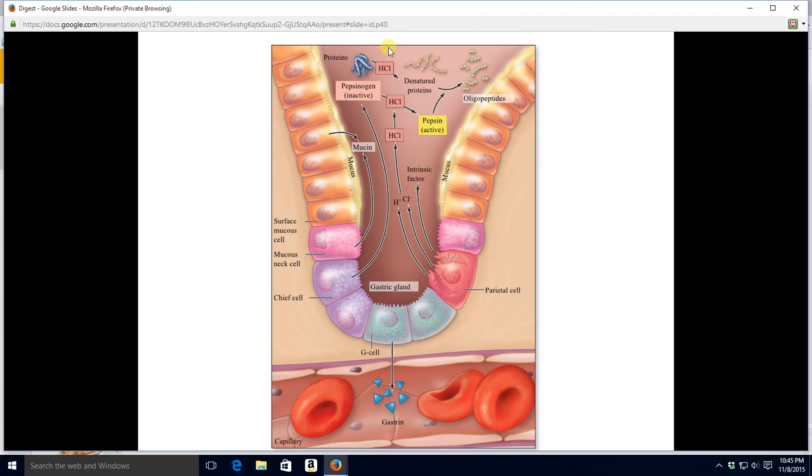If we can denature their proteins, well, heck, that's good. Also, the parietal cell is making intrinsic factor, which we need to make red blood cells. And last but not least, we see our G cell, our enteroendocrine cell, which is making gastrin, which is going down into the capillary to stimulate the stomach, other parts of the stomach, to make it more active.